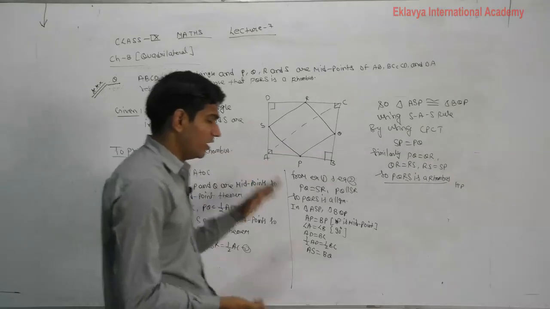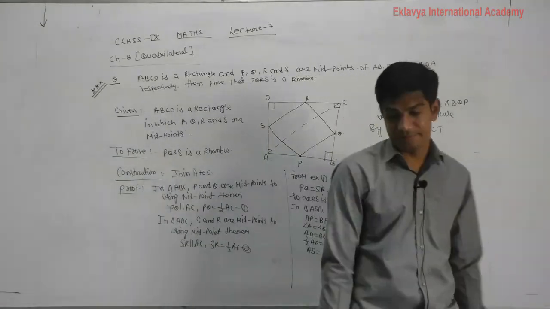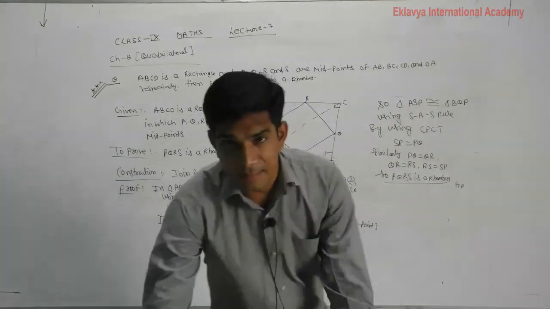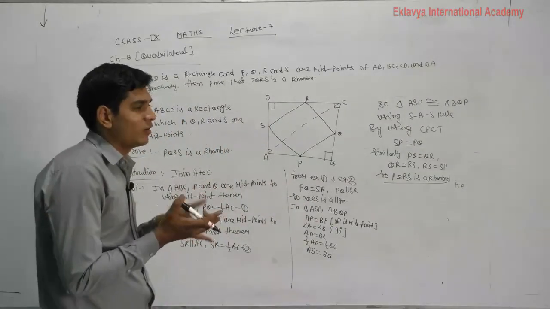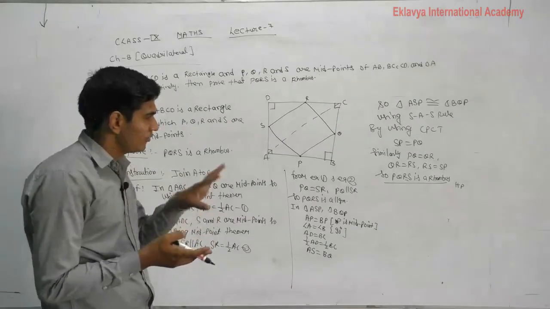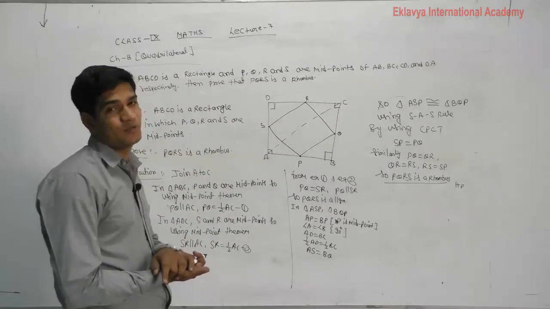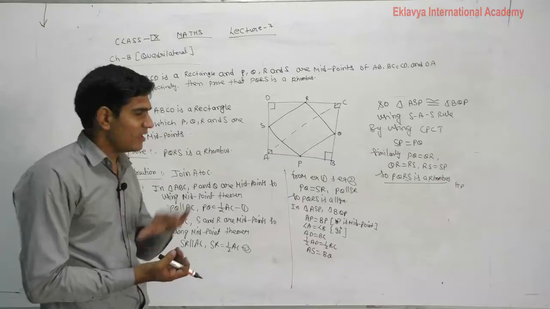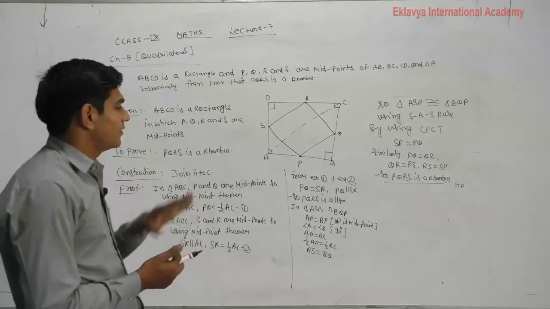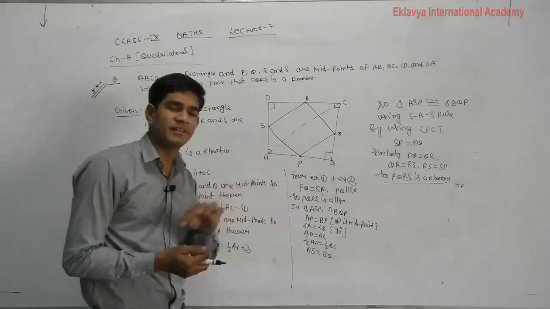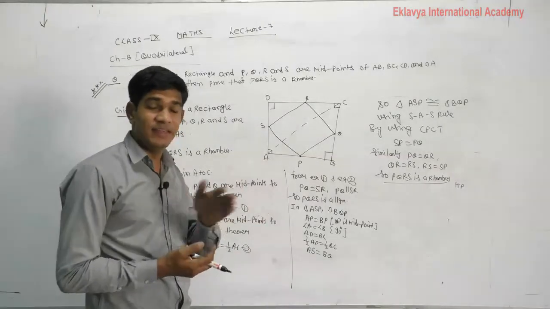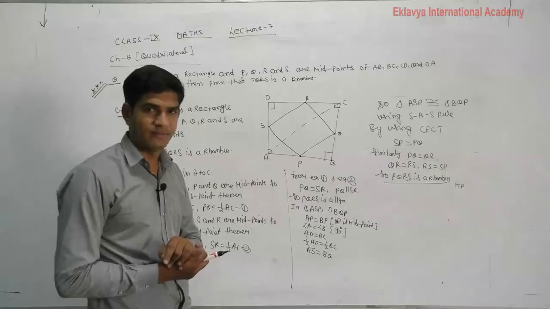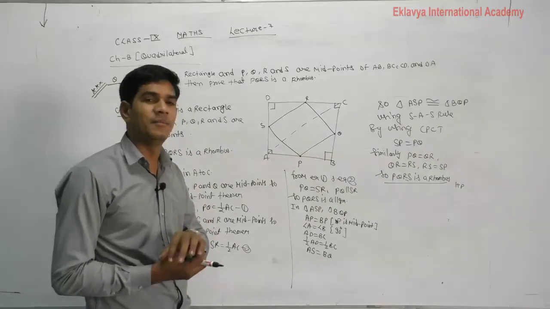First of all, we proved here that PQRS is the parallelogram. In each and every question, if you have to prove a rectangle, rhombus or square, firstly what will you prove for the given quadrilateral? You will prove a parallelogram. After proving the parallelogram, how the parallelogram is converted into the rhombus: if in a parallelogram, students, their adjacent sides are equal, then the parallelogram becomes the rhombus.